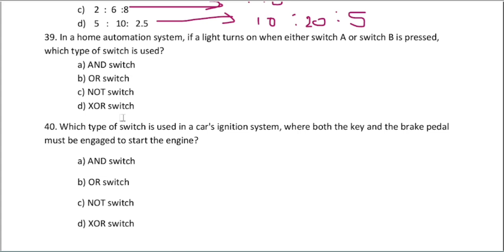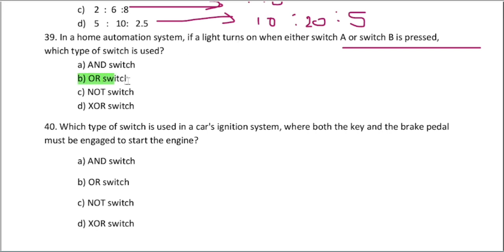Now these are the last two questions. The paper has 40 questions, not 20. Question 39. In a home automation system, if a light turns on when either switch A or switch B is pressed, it means what? If you switch on switch A, the light is turned on. Switch B, the light is turned on.